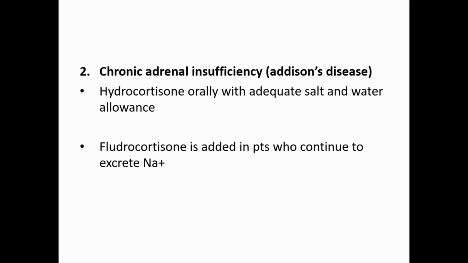Chronic adrenal insufficiency mainly occurs as a result of autoimmune disease, or the reason could be some disease like tuberculosis, HIV infection, cancer, or removal of the adrenal gland. Similar to acute adrenal insufficiency, here also hydrocortisone, which has both mineralocorticoid as well as glucocorticoid activity, is given.